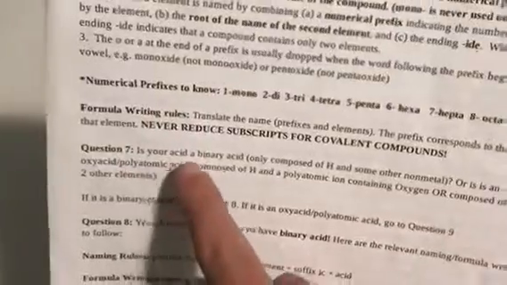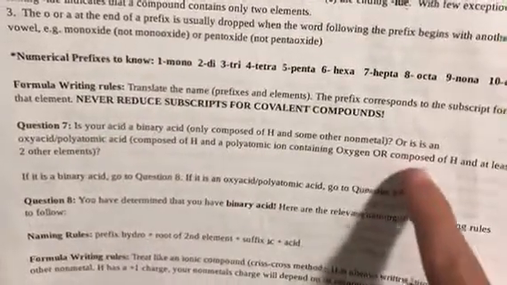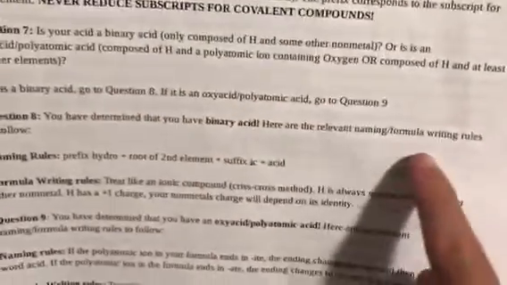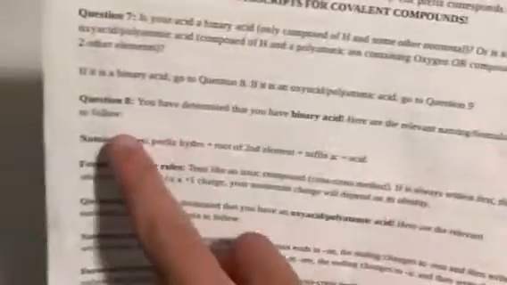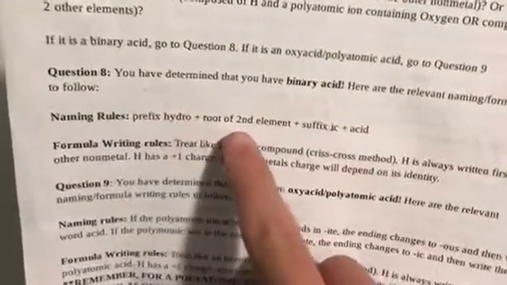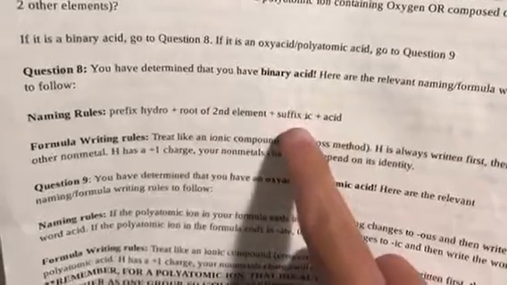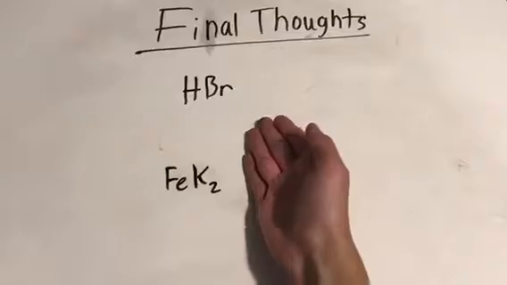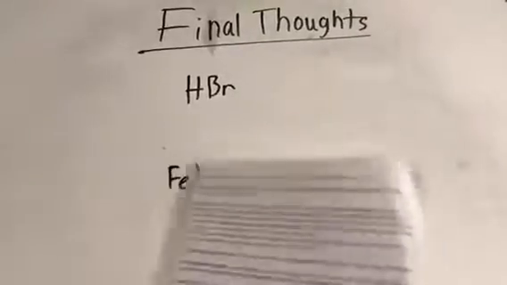It's a binary acid. Go to question 8. You have a binary acid. Here are the relevant naming and formula writing rules to follow. Right here: prefix hydro, then the root of the second element, plus ic, plus acid. So now you'll know how to name HBr.